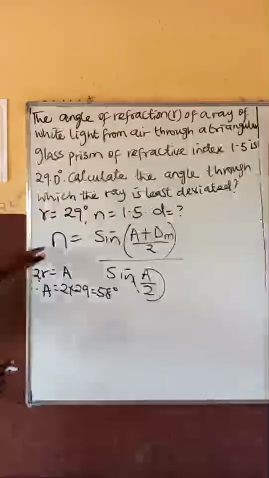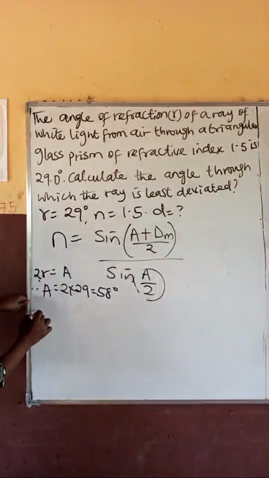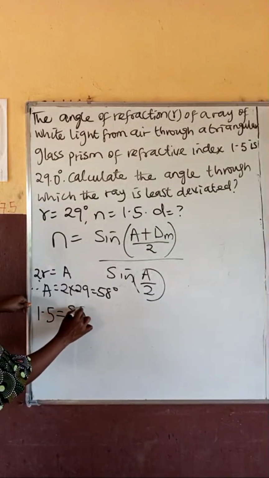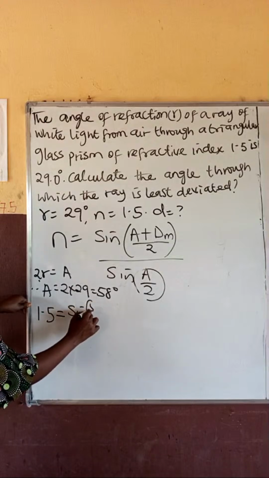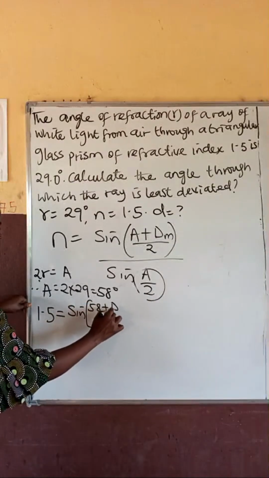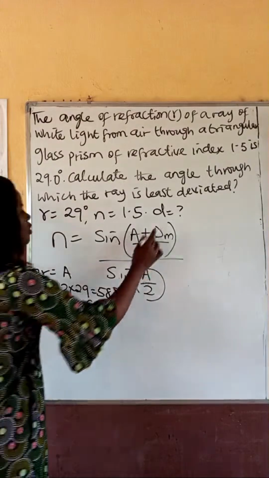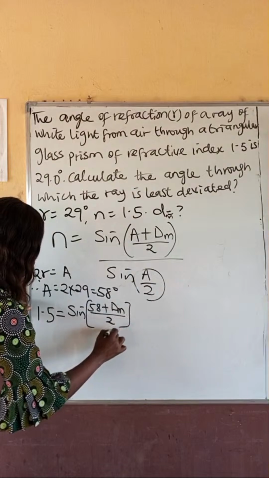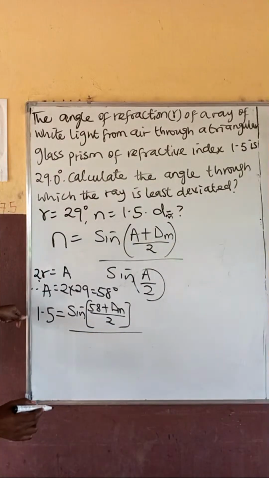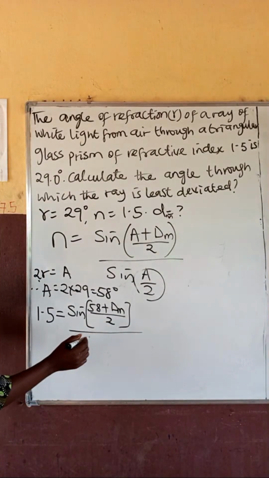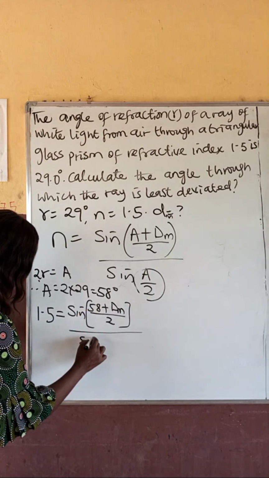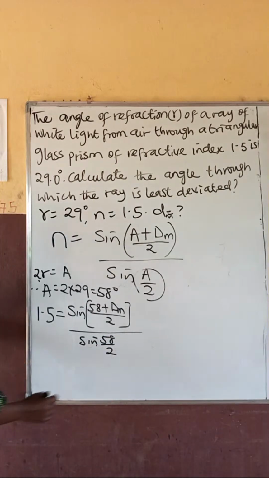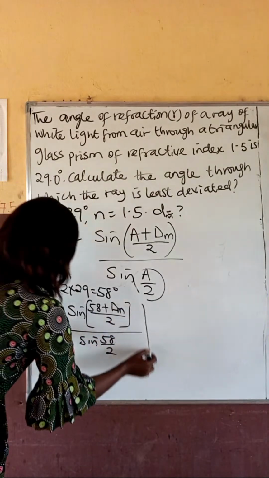Right? So let's go. What's my N? My N is 1.5, which is equal to sine of (A, which is 58, plus dm, which is what I'm looking for) divided by 2, then over sine A over 2, which is sine 58 divided by 2.